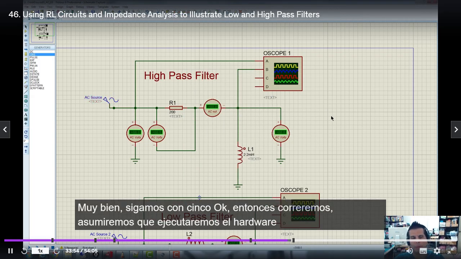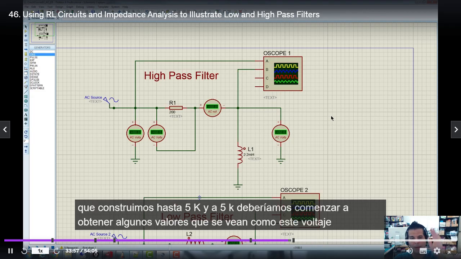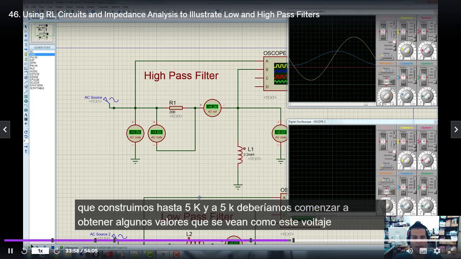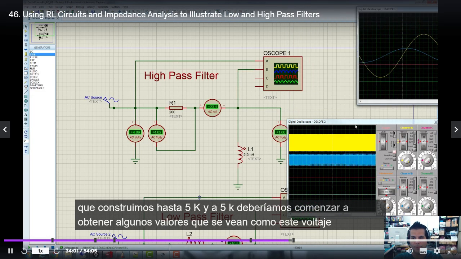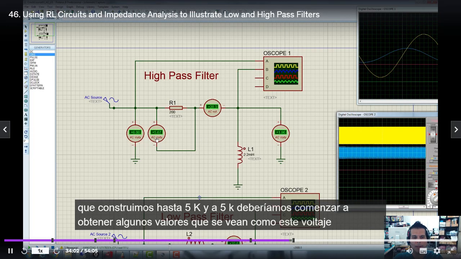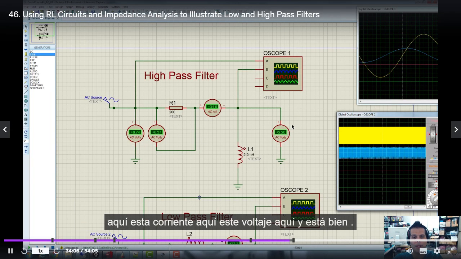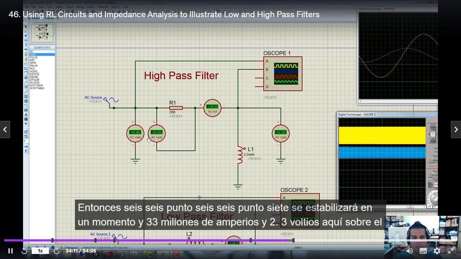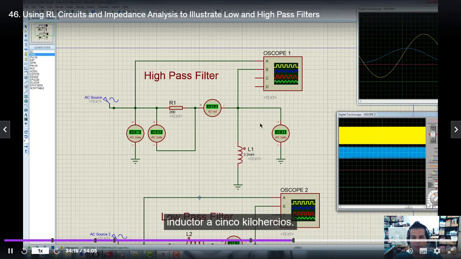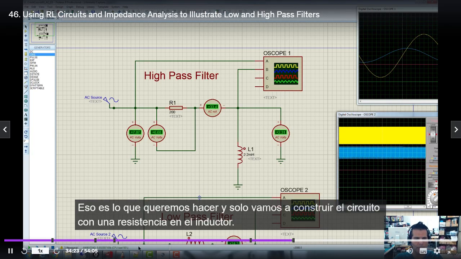So we'll run the hardware that we build up to 5K, and at 5K we should start getting values that look like this voltage here, this current here, and this voltage here. All right, so 6.6, 6.7, it'll stabilize in a little while, and 33 milliamperes and 2.3 volts here over the inductor at 5 kilohertz.